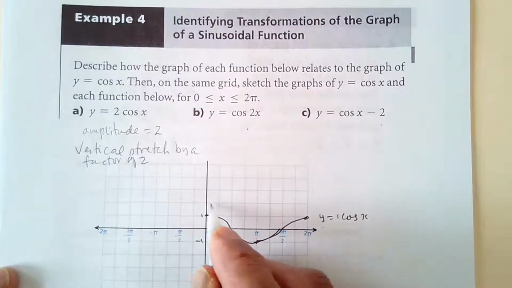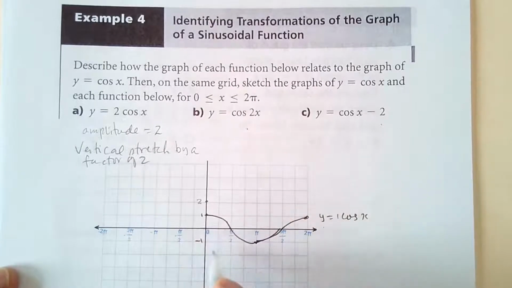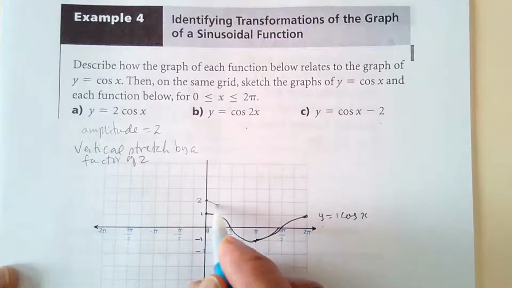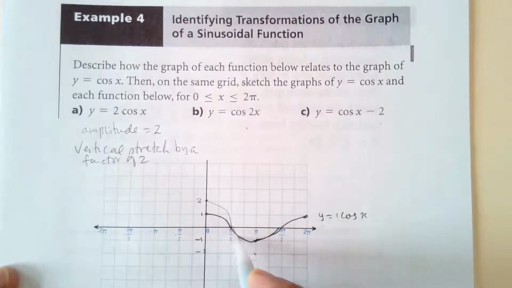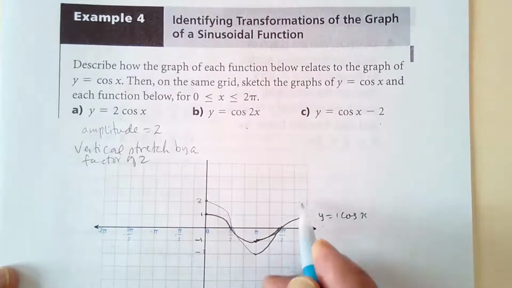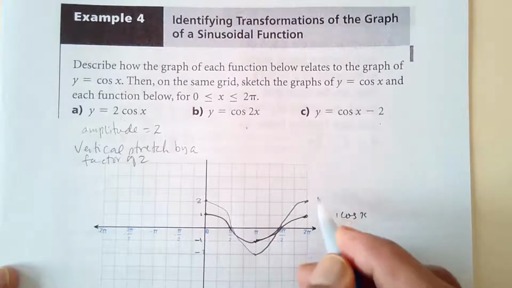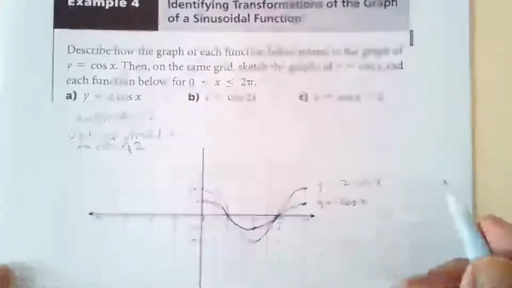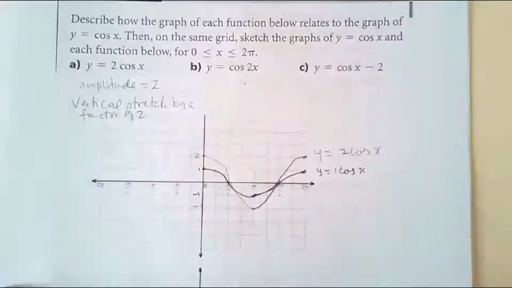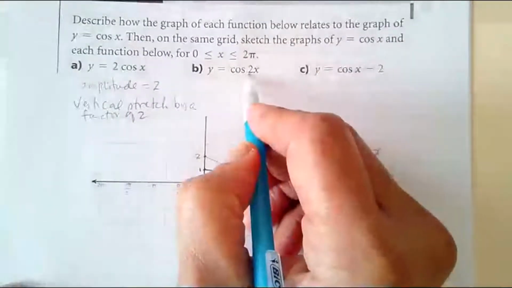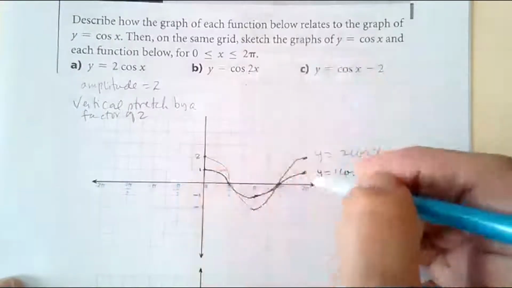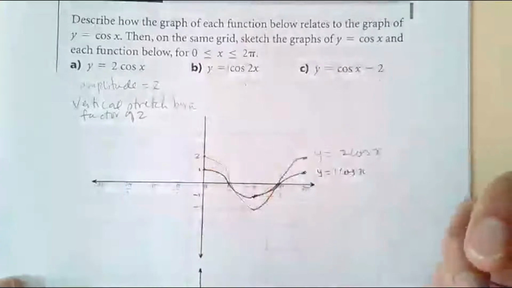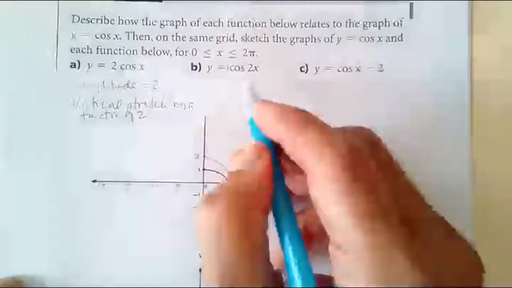So if you were to look at this graph here, we'll go from 2, down and back up here. So y is equal to cos x. The amplitude is 2. Here, we don't have an amplitude that's different from the original cos graph because it is still 1. But here we have a compression by a factor.